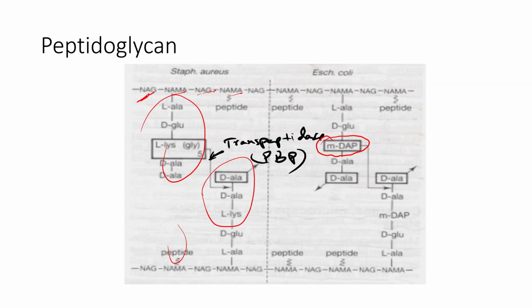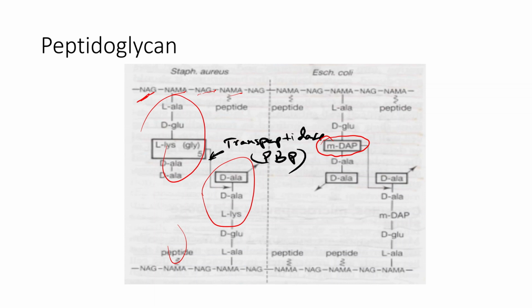If the cross-linking is inhibited, the peptidoglycan layer is not strong, water will enter by osmosis, and the cell undergoes lysis.